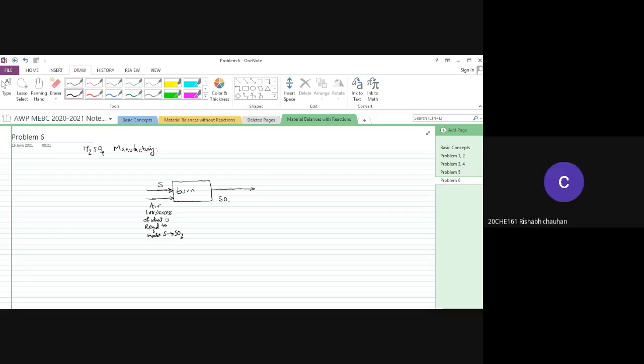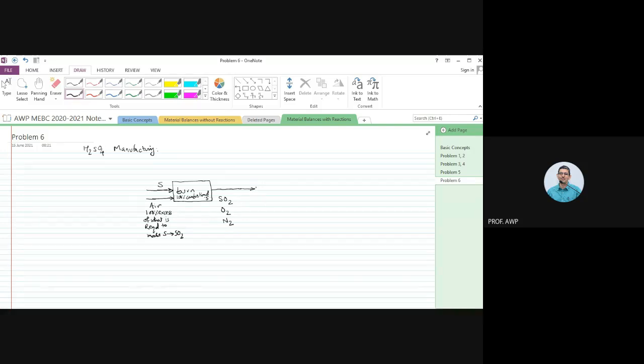So there will be SO2, there will be O2, there will be N2. We are saying 100% combustion of sulfur. No sulfur remains unreacted because we are supplying such a high amount of air and it is a nice combustion process. So we will have SO2, O2 and N2 coming out of this combustion reactor, or burning process, whatever you want to call it.